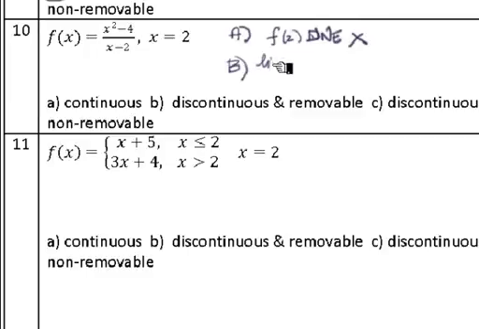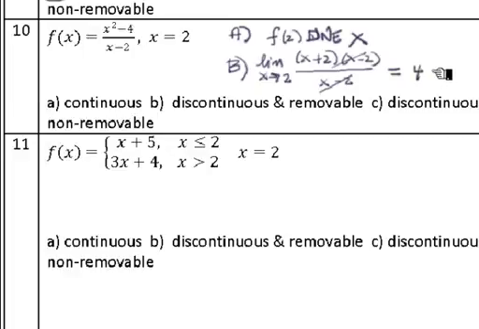The limit as x goes to 2, I'm going to factor this right away, x plus 2 over x minus 2 divided by x minus 2. Once we do canceling, it is equal to 4. So the limit does exist. So B is true, which means removable. We still have discontinuous because A is not true, but the discontinuity is removable. So B in this case.